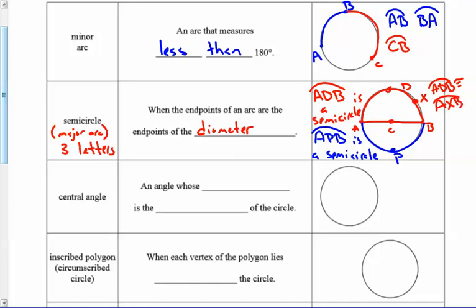They are the same thing. ADB and AXB are the same semicircle. But ADB and APB are different semicircles because they're going through different parts of the circle.